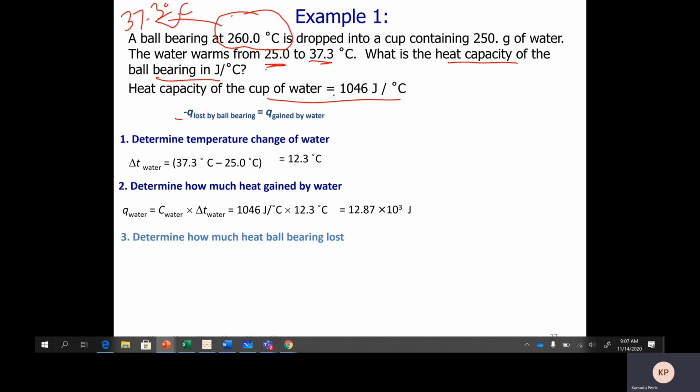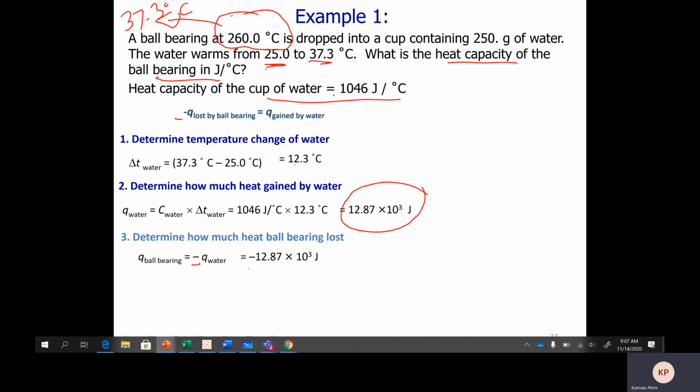Third, determine how much heat the ball bearing lost. How much heat was lost by the ball? Q of ball should be exactly equal to this value, but the ball lost the heat, therefore it now bears a negative sign.